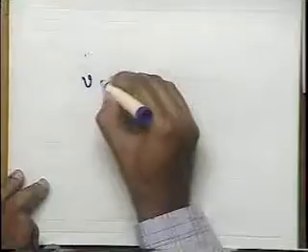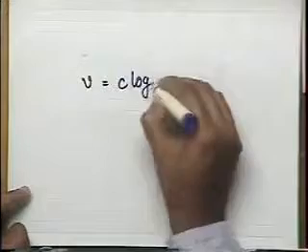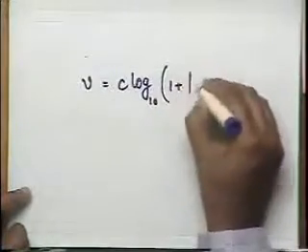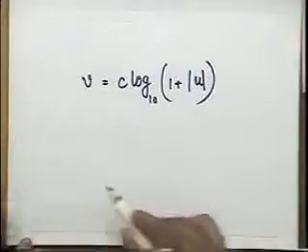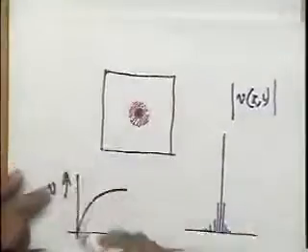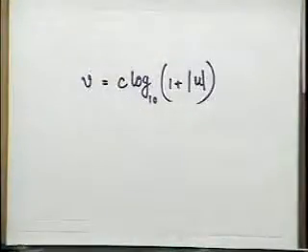So if we design our transfer function like this, say the processed image is having intensity equal to V, and if we make it equal to C log to the base 10, 1 plus modulus of U, where U is the intensity of the original image, then the transfer characteristic that results from this equation will give you a curve like this, which I showed you, and clearly in this case there is a range compression.